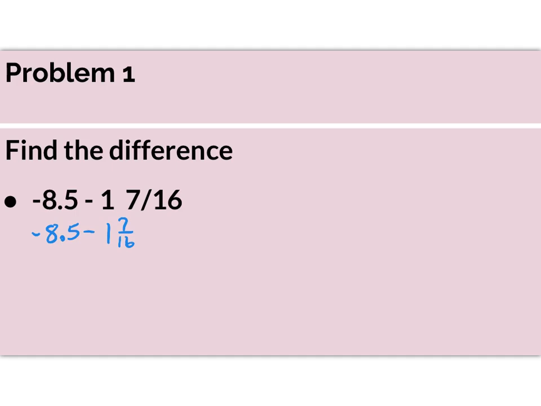We could turn 0.5 into a fraction and add the fraction, and since you've never seen me do that, that's what I'll do. 5/10. We have a 5 and a 10, so we know we could divide by 5. We get 1/2. Okay, so we've got negative 8 and 1/2 minus 1 and 7/16.